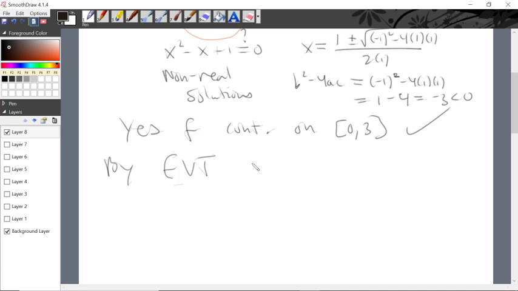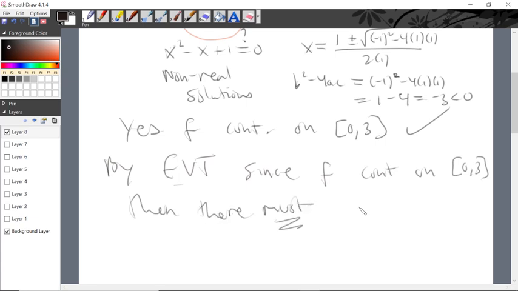By the extreme value theorem, since f is continuous on a closed interval, there must be an absolute max and an absolute min of f in this interval.